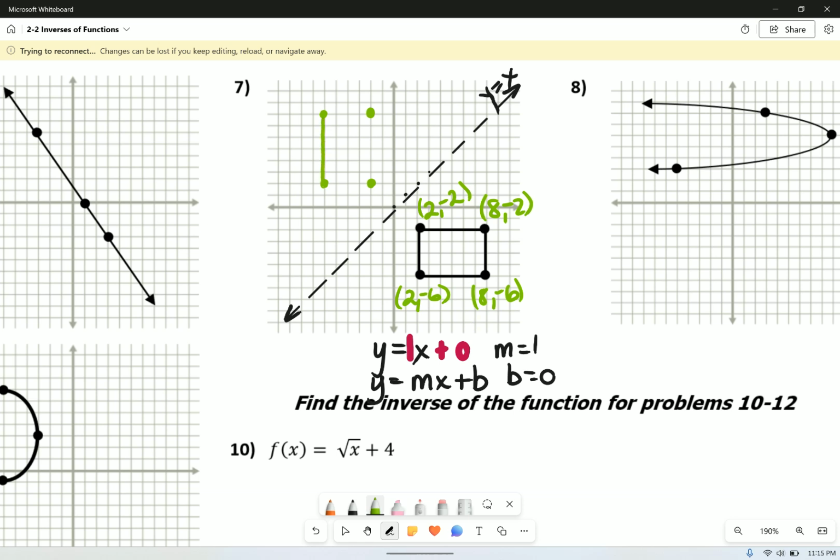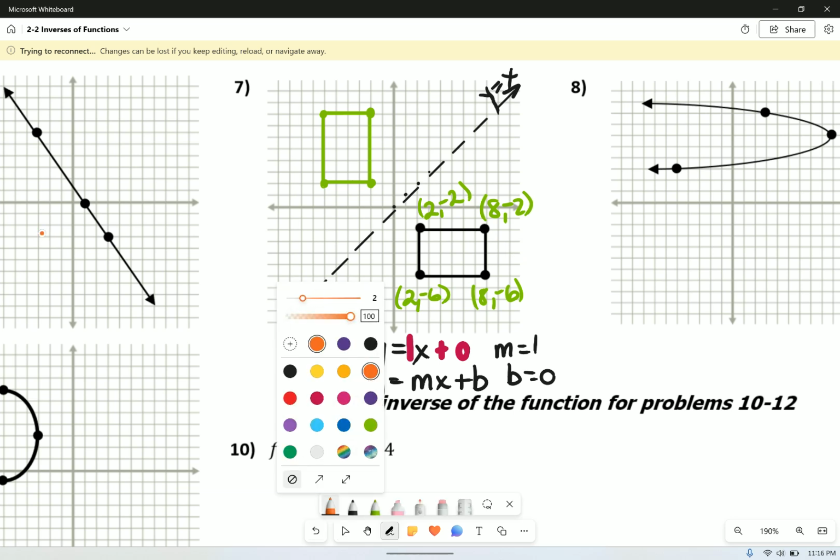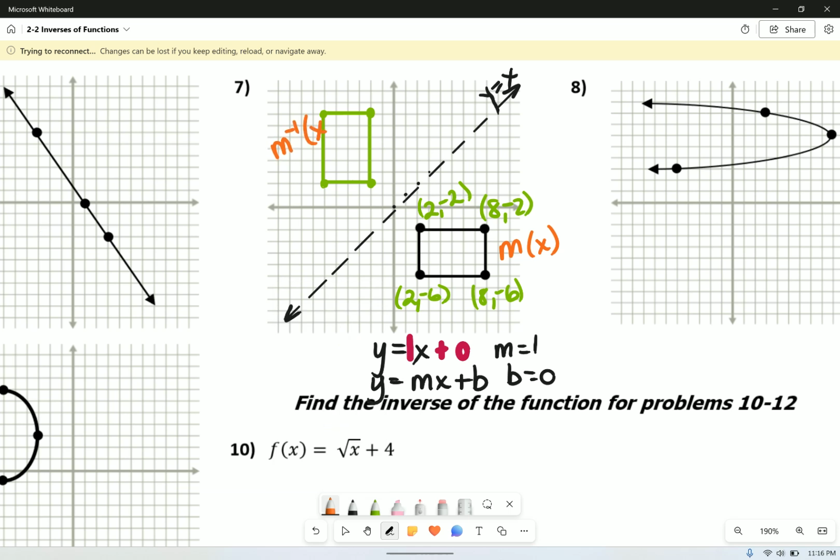So here is, let's connect the dots here. That is the imprint of the black graph towards the green. So if I were naming the black graph some name, let's call it M, let's call it M of X. This graph would be M inverse of X. All right.